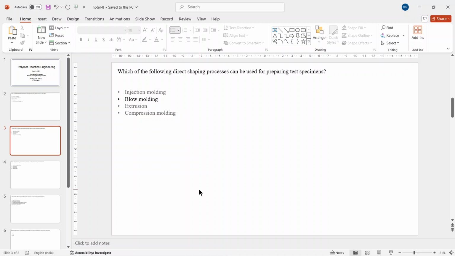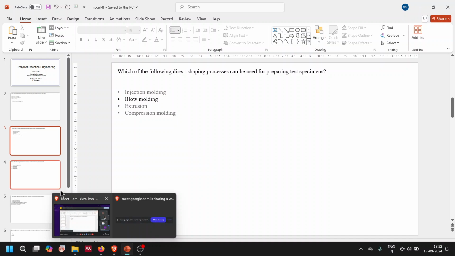Because of that, the testing specimen is not generated as it is for mechanical testing samples. Even in our lab, we are generating a few materials using the blow molding process, and it is not exactly test specimen ready. We have to make some further manipulations to make a test specimen. So the direct shaping processes for test-specimen-ready materials are injection molding, extrusion, and compression molding.